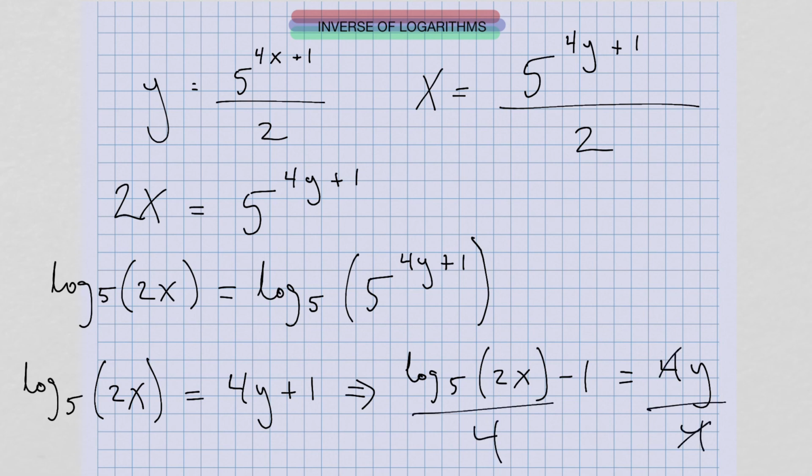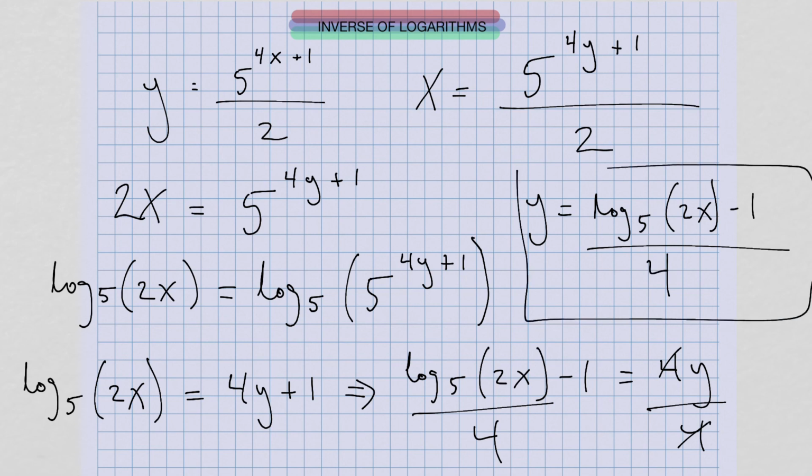Cancels out. So what we have is y equals log base 5 of 2x minus 1, over 4. And here's our answer. Log base 5 of 2x minus 1 over 4.